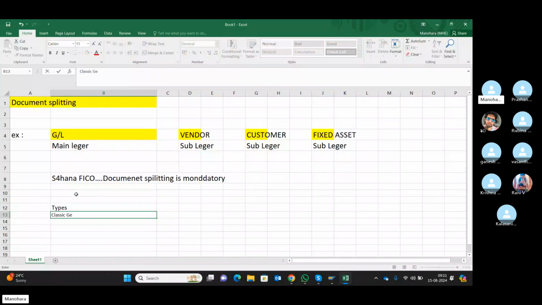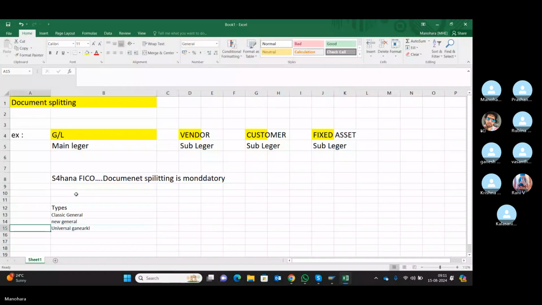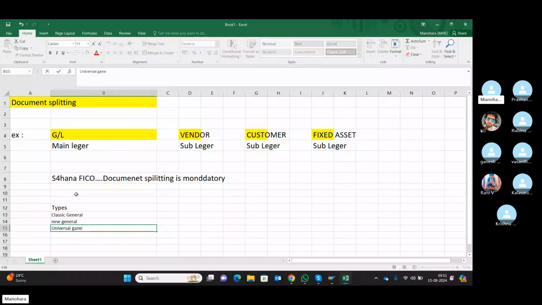So classic general ledger, new general ledger, universal general ledger. We have three types of general ledgers.